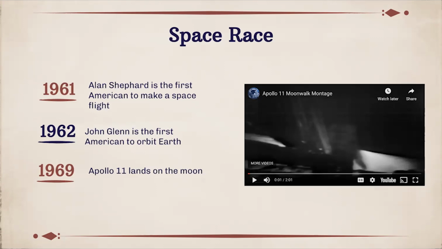Over the course of the next decade, the United States has an American make a space flight. And then we get John Glenn, who is the first American to orbit Earth. And then in 1969, Apollo 11 lands on the moon. And so we're going to play this quick video. It's 2 minutes long, and it's of the Apollo 11 landing, in case you've never seen it.